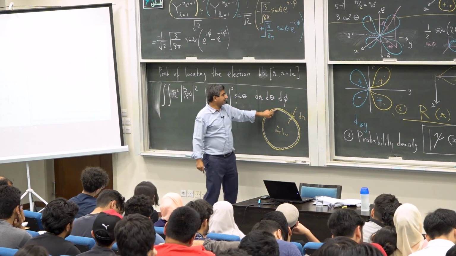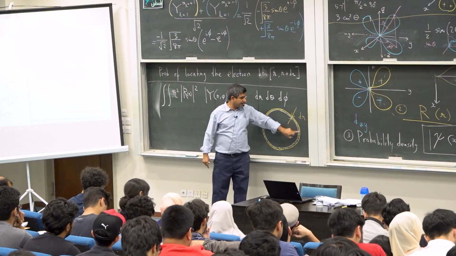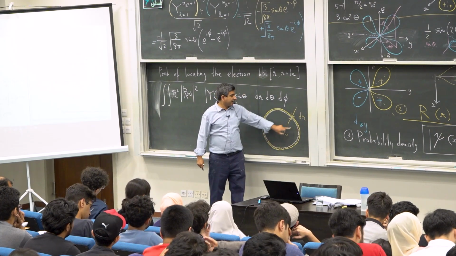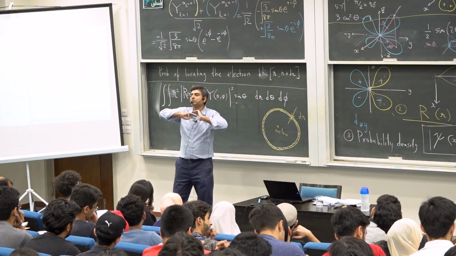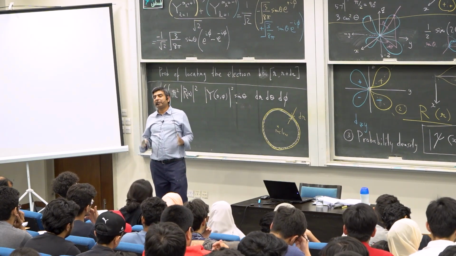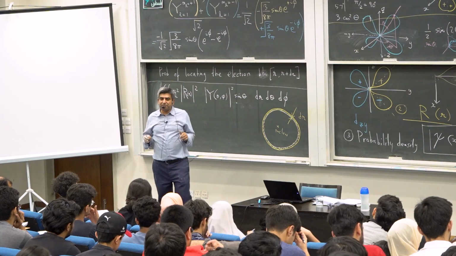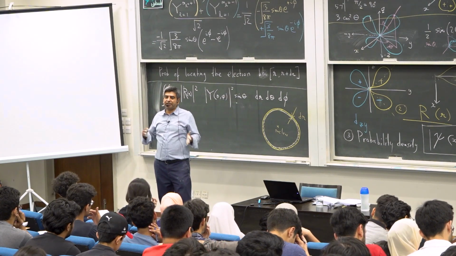So here theta is 0, here theta is 90 degrees, here theta is 180 degrees, here phi is 90 degrees, and so I want to walk all over the shell, keeping my distance r fixed, which means I take up all values of theta and phi.